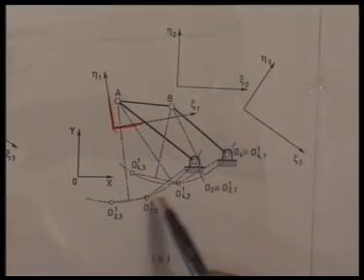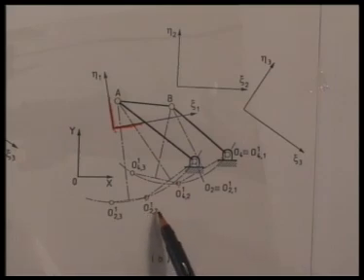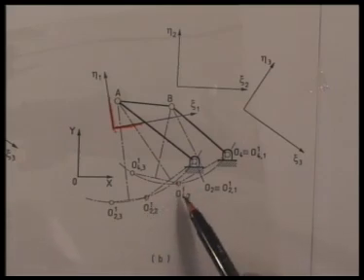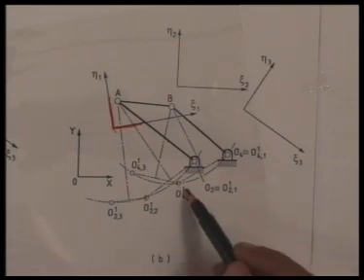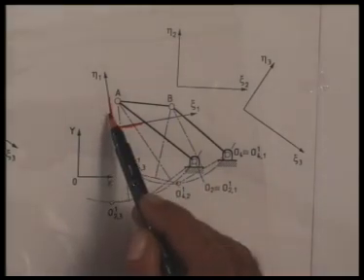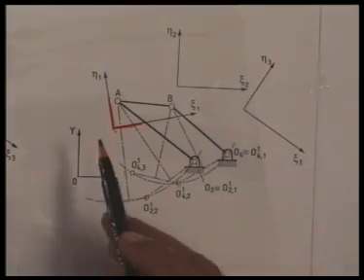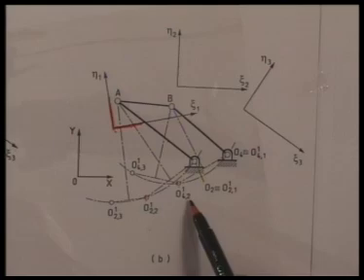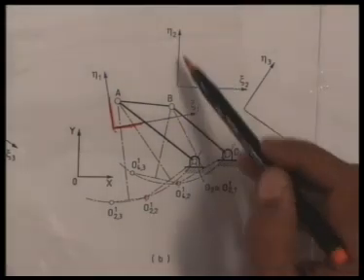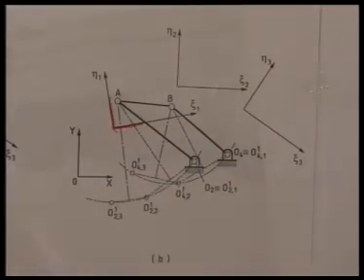So O2 comes here, O4 comes there. This position I call O2 2 1 and this position I call O4 2 1. Again you note, superscript 1 refers to the configuration 1 where we are holding the coupler fixed, and this 2 refers to the configuration which is being inverted. It is the second position which we inverted.